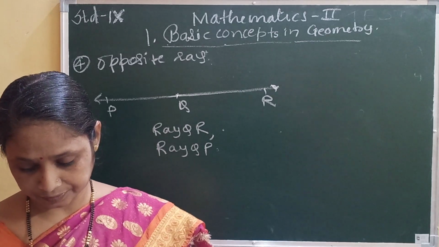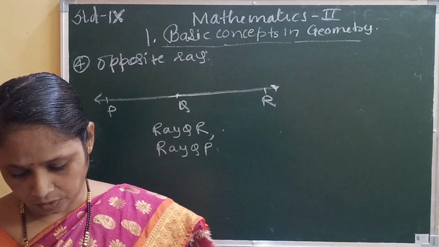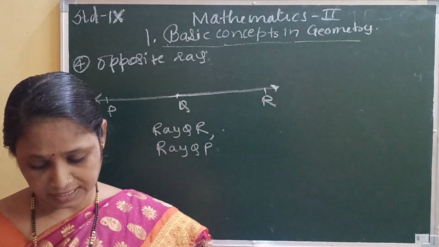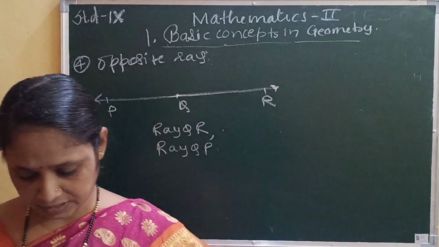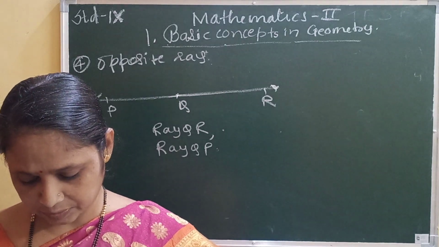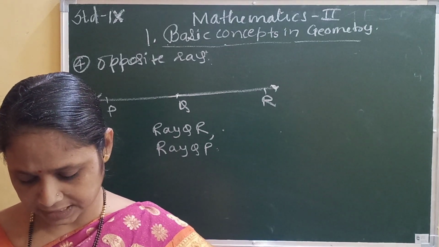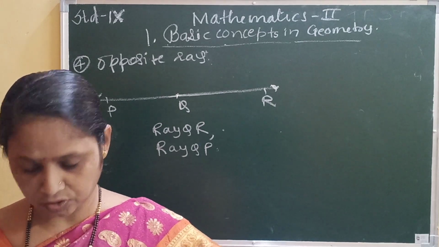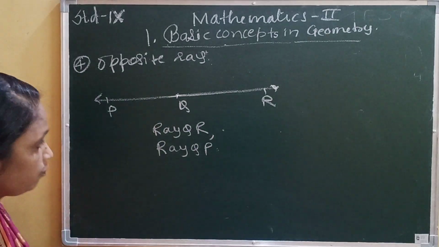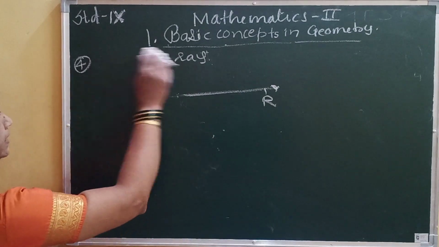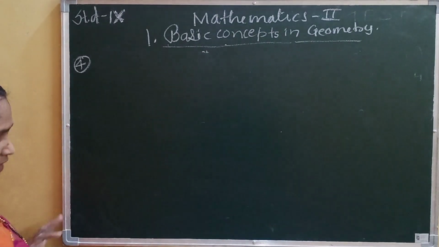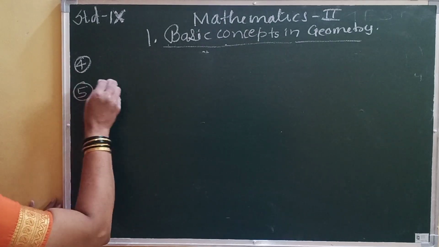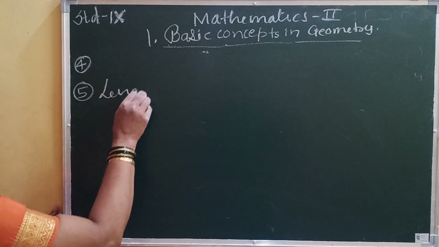Now next see, length of line segment. The distance between the endpoints of a line segment is called the length of the line segment. First we studied what we call a line segment. Now the fifth is length of line segment.